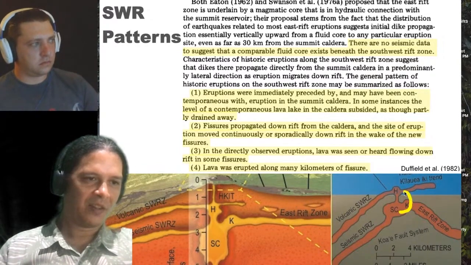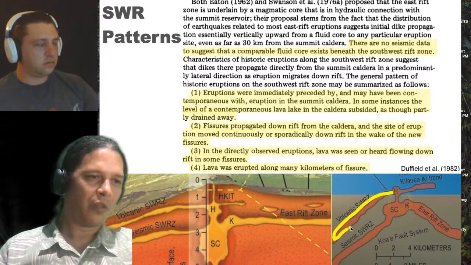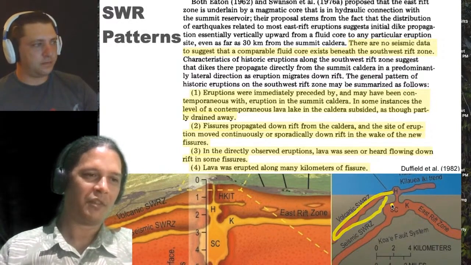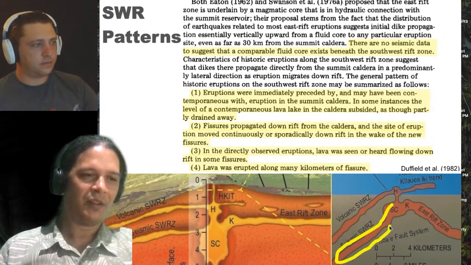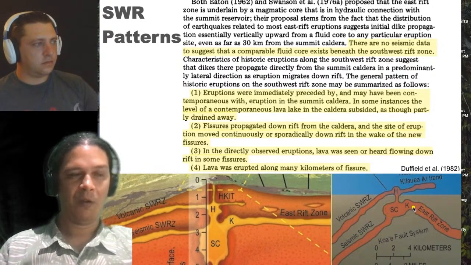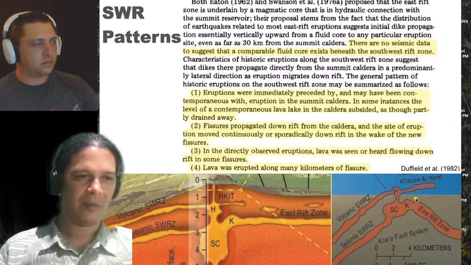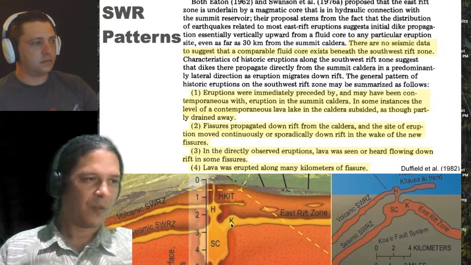And so here you see that summit caldera area, and you see the volcanic Southwest Rift is further north and shallower, and then further south and deeper is a seismic Southwest Rift connected to the South Caldera deeper magma chamber, right? As we imagine that the East Rift likely also is to some degree as well, right? Possibly with shallower connections into it as well. So that's the pattern there.